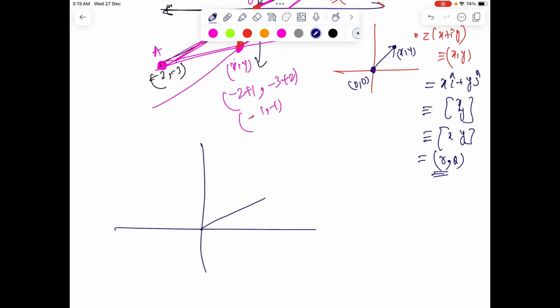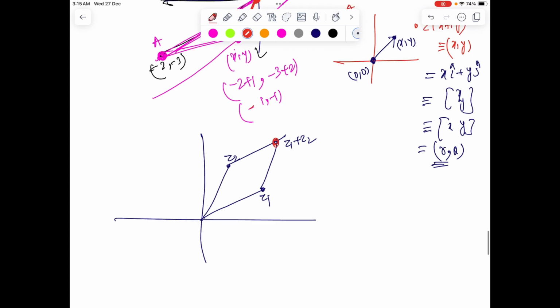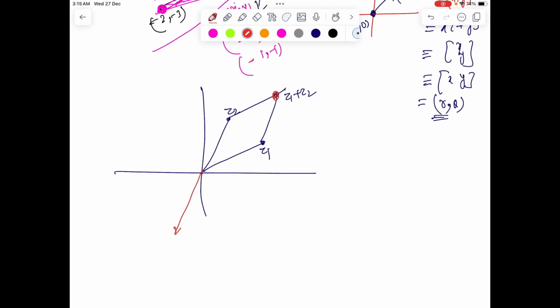So the takeaway is, if you have got z1 and z2, z1 plus z2 is this vertex, one of the vertices, and z1 minus z2. So we can take z1 minus z2 exactly there. Now if we draw a parallelogram out of this, so this guy will be z1 minus z2.